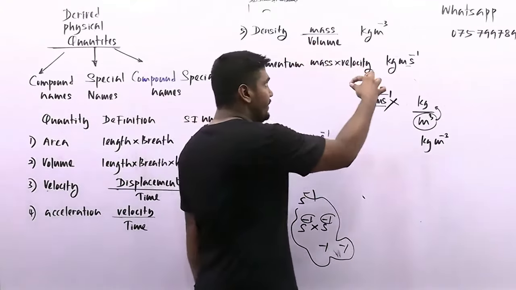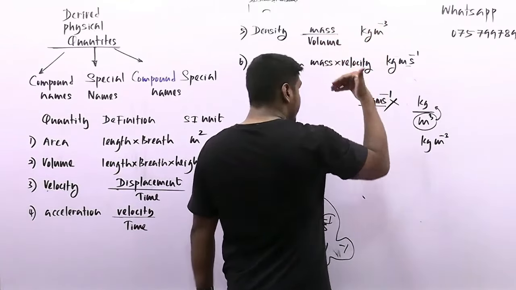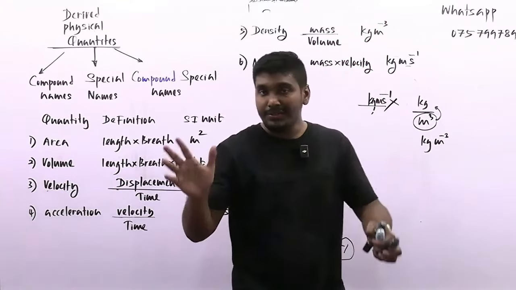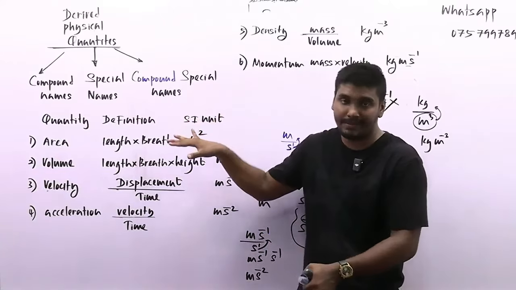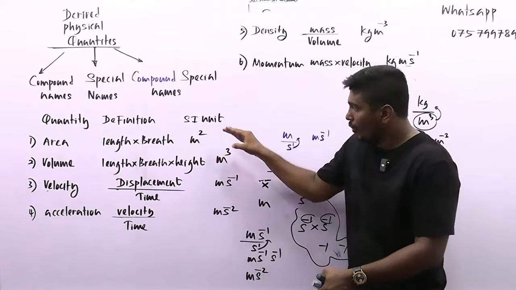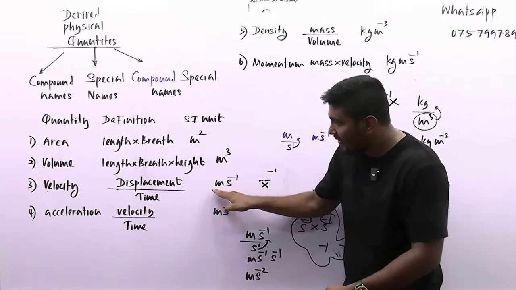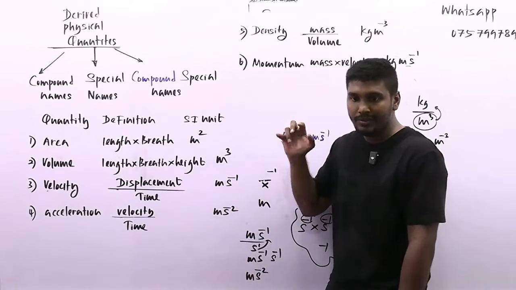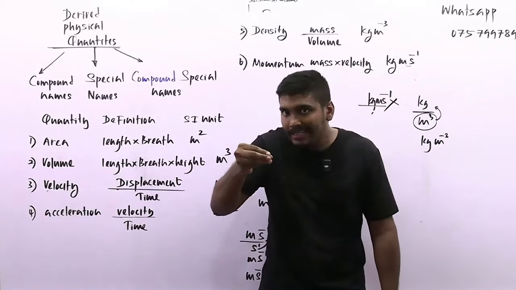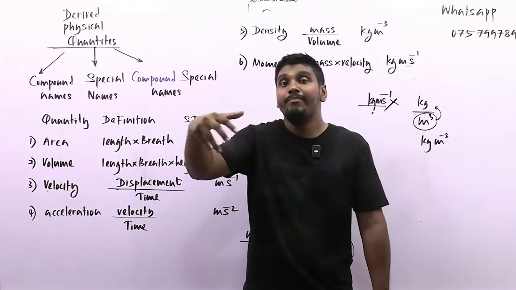Are there any units beyond these basic 7 units? No. That's why we are calling all these derived units with compound names. Therefore, derived units with basic units: m, s, kg.